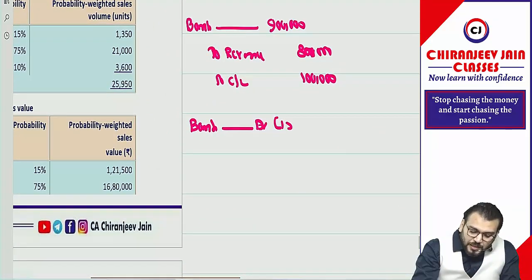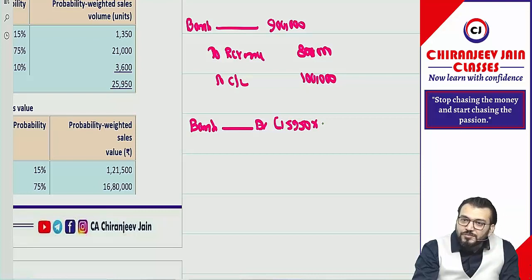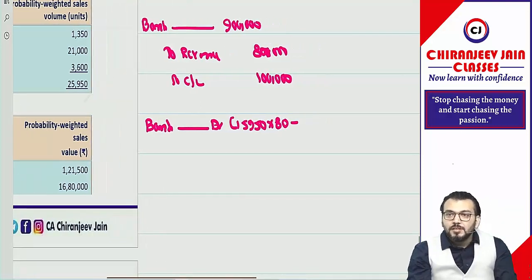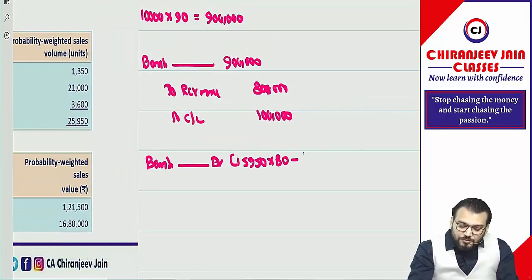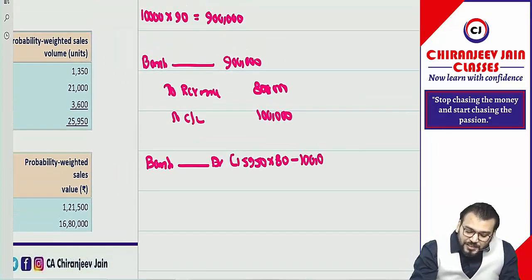It will be 15,950 into 80, but minus 1 lakh. This will be the amount collected for the balance units.